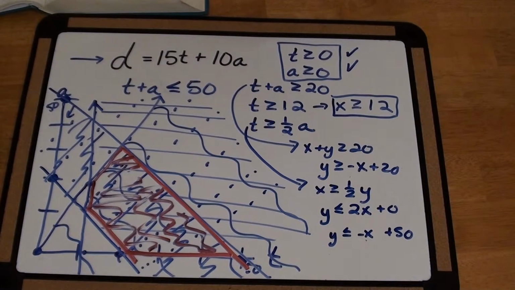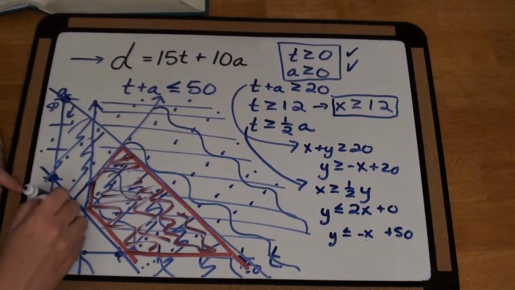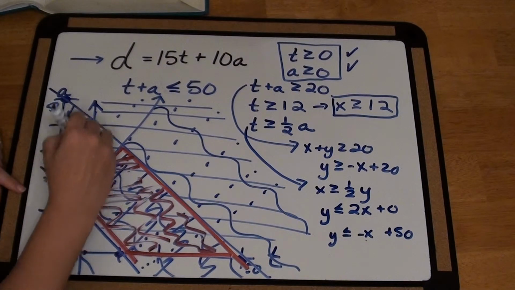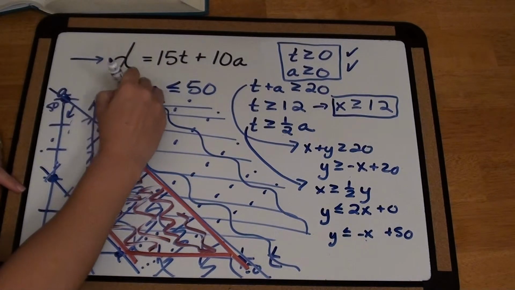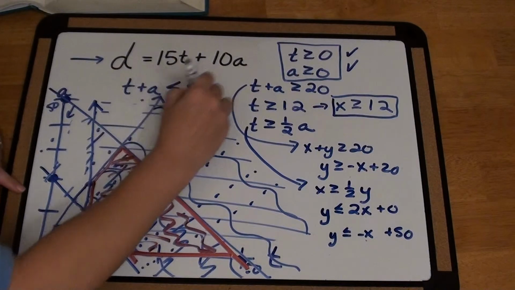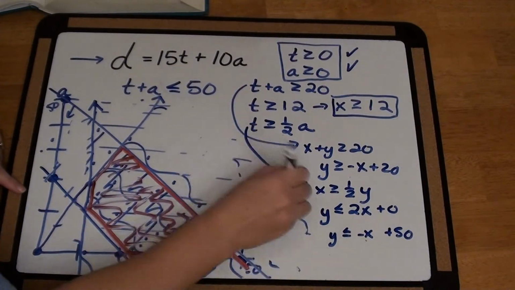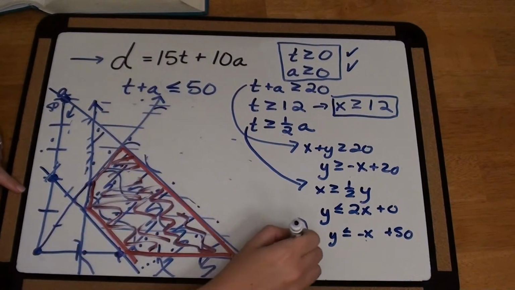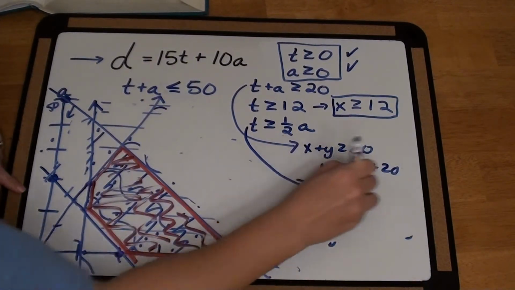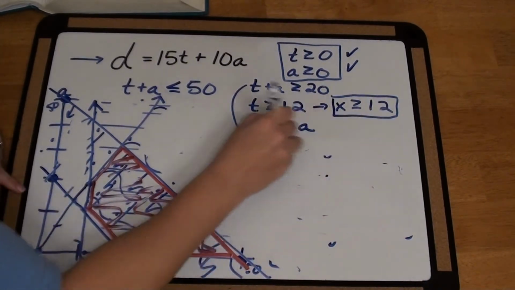So what I'm going to do now is kind of clean this up, because this is a lot of stuff on here. But this is the idea that what we're really concerned with now is this feasible set that's right here. And this feasible set came from graphing all these equations.